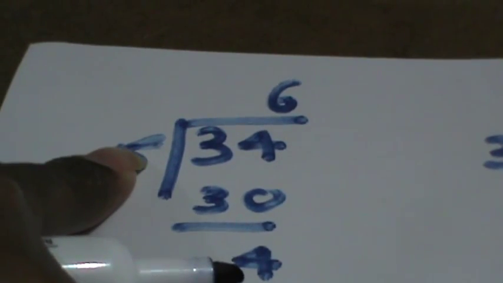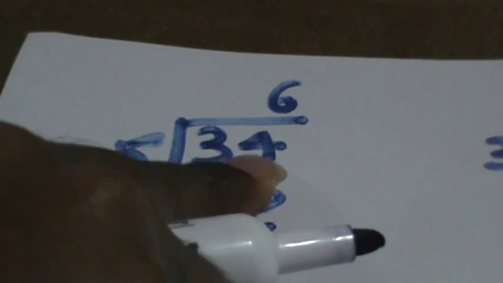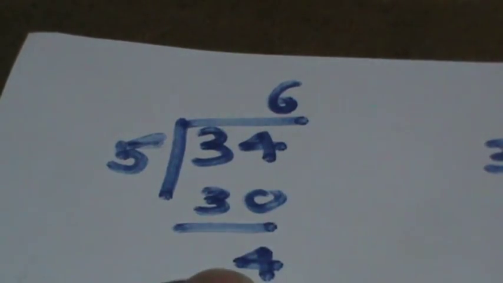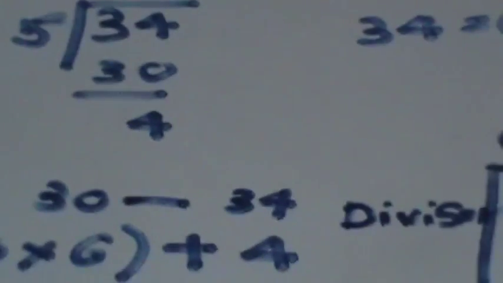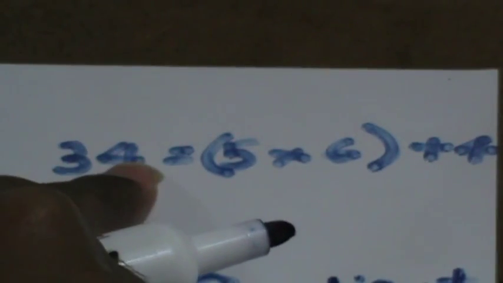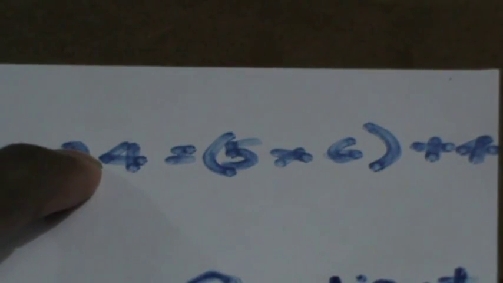So 5 is the divisor, 34 is the dividend, 6 is the quotient, and 4 is the remainder. As I mentioned, 34 is equal to 5 times 6 plus 4. Since we have named these terms, you can derive the special relationship between them.